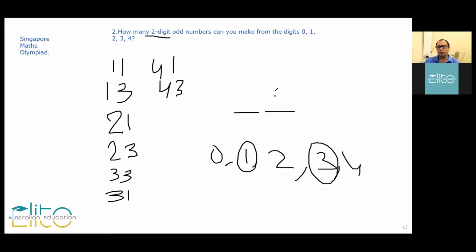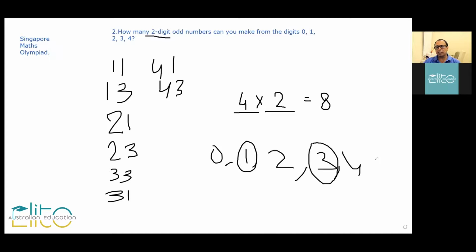So we have 2 choices for the second number. For the first number, we have the choices 1, 2, 3, and 4, which is 4 choices. We cannot use 0 because no 2-digit number can start with a 0. What we do next is multiply these 2 numbers and our answer is 8.